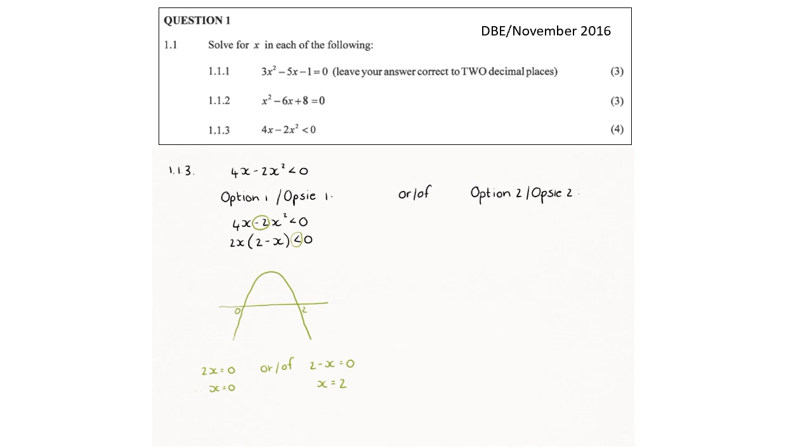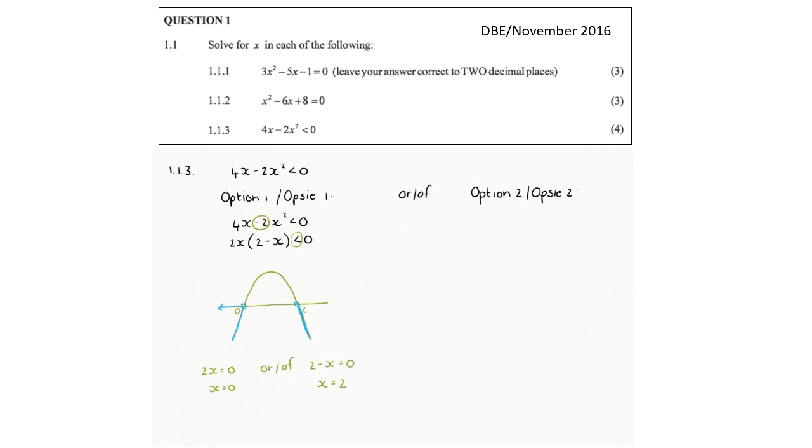And less than 0 means the section of the parabola that is below the x-axis. So if you look at the parabola here, the sections below the x-axis are the sections colored in blue, and these sections will have x values that are less than 0 or greater than 2.